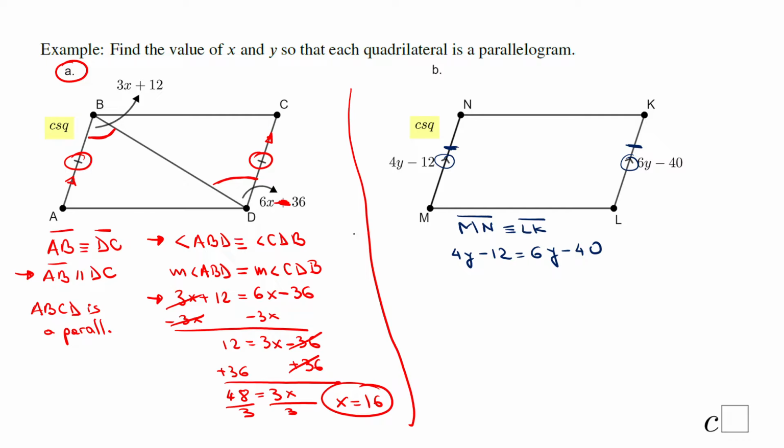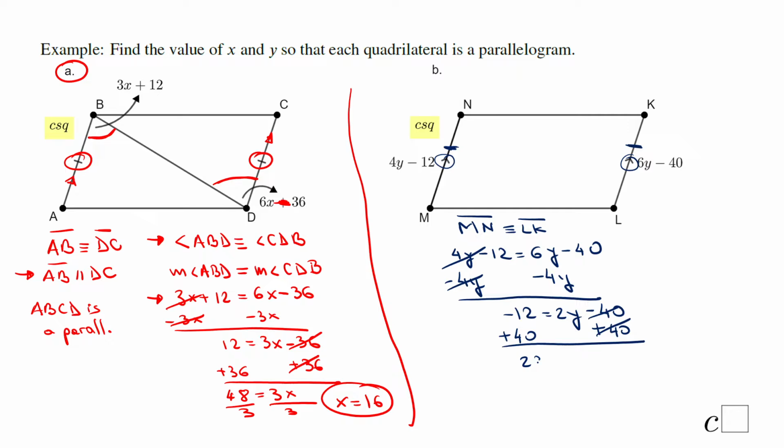I will subtract 4y here. And I have here negative 12 equals 2y minus 40, sorry. I'm going to add 40. And that will be 28 equals 2y. Divide by 2, and we have y of 14.